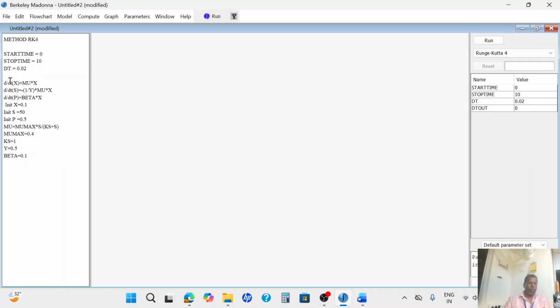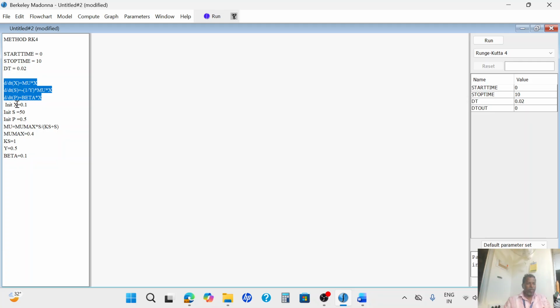Once we have given the differential equations for x, s, and p, we need to assume the initial values: x equal to 0.1 for the biomass, substrate is 50, and product is 0.